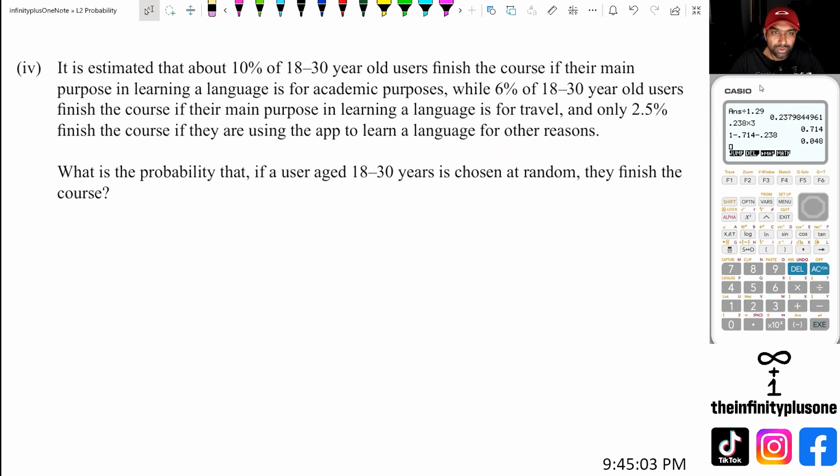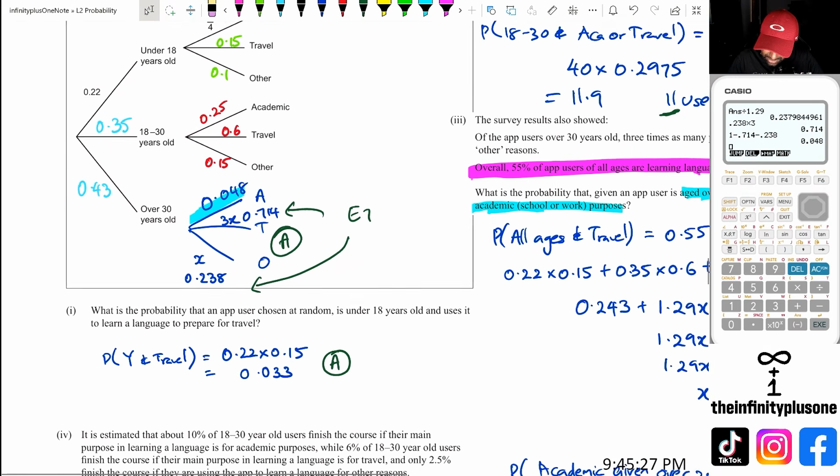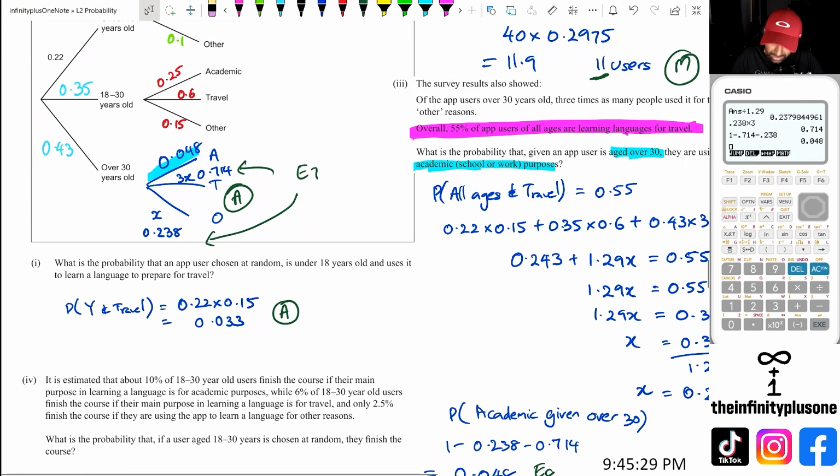So now I think we're going back to the table by the looks of it, because it is estimated that 10% of the 18 to 30 year olds finish the course for academic purposes. 6% for travel. Only 2.5% finish if they're learning the language for other reasons. So we're going to go back to the table here, and we're now going to extend that 18 to 30-year-olds as finish and not finishing.